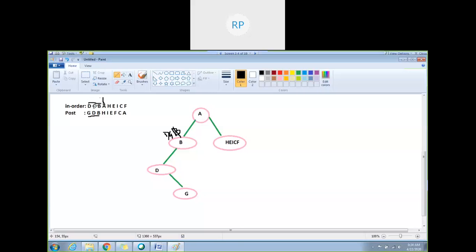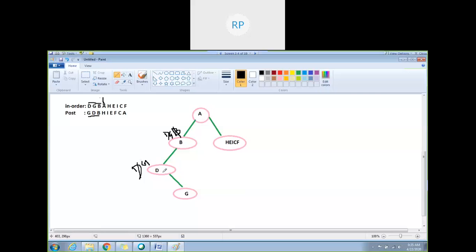And what are the elements on the left side? D and G. Both D and G come on the left side. And among D and G, again I check which element can be the root node. Between D and G, I found that D is visited last. So I'm choosing D as my root node.